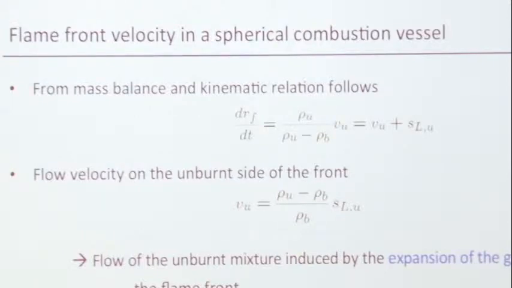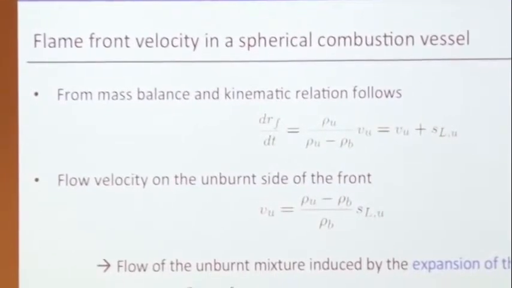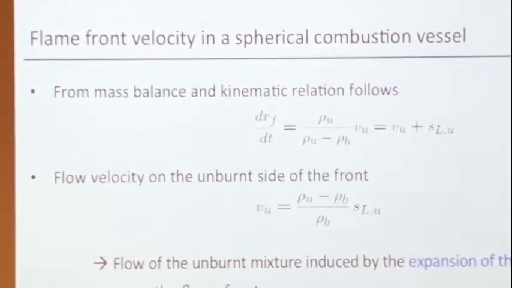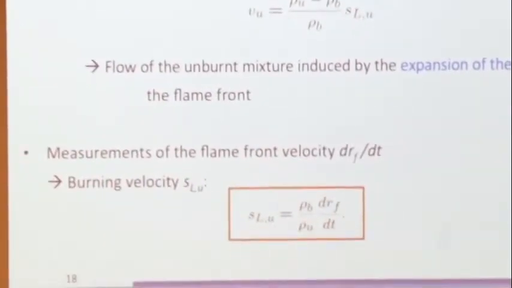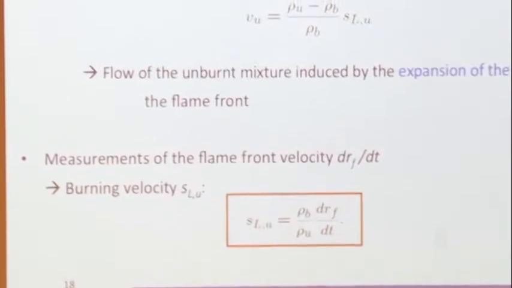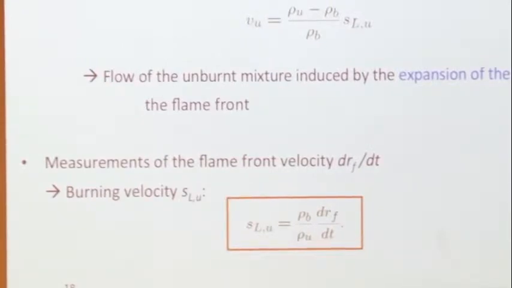So this is the flow in the unburned mixture that's induced by the gas expansion. Now I can plug this back into the kinematic relation, and I get SL in the unburned is rho B over rho U times this displacement speed. That's basically the final result. So what you measure is rdot, and what you get out of it is this SL value.